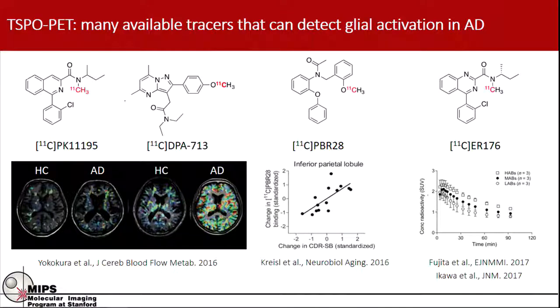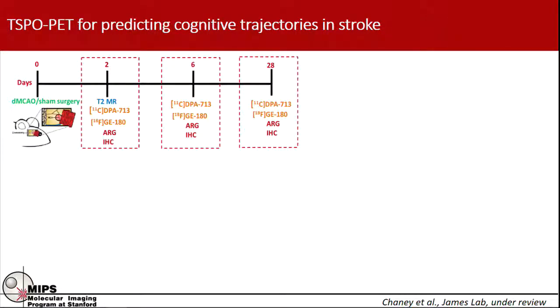But the good news is that the binding potential was high enough in the low affinity binders that they don't have to exclude those people anymore. They can get a nice signal, it's displaceable, it's specific. The binding potential in general is still lower than DPA, although DPA doesn't have a stable VT value, probably because of radiometabolites, but we can correct for that. So this is just a little overview of those tracers.